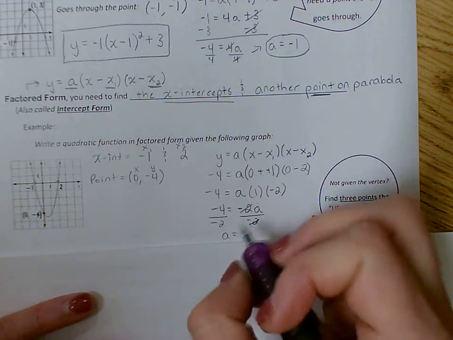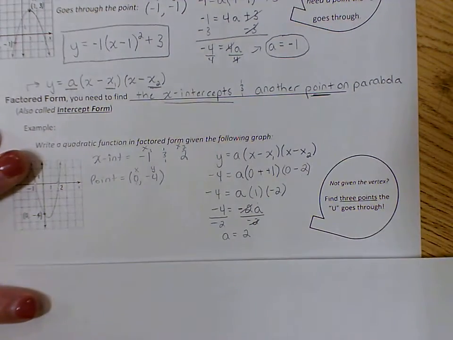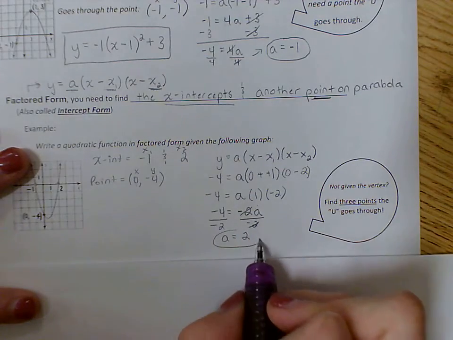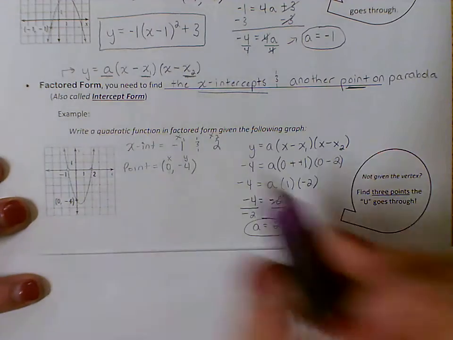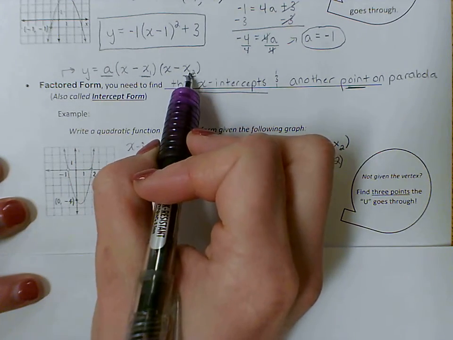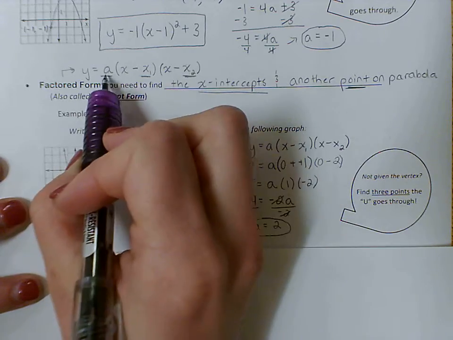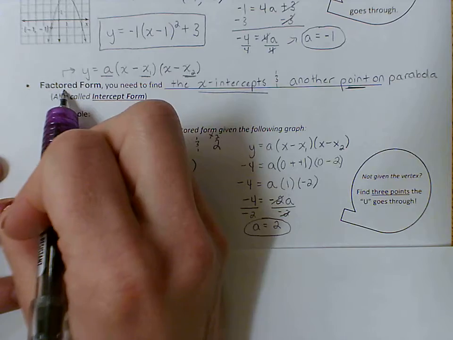And then -4 over -2 is 2. So, again, all of this side work we use to help us find a. Once we find a, like I said before, we have all of our information to be able to write that equation. So now I just have to plug it in, and I'll have my equation in factored form.